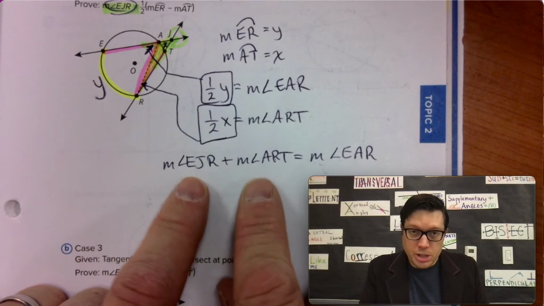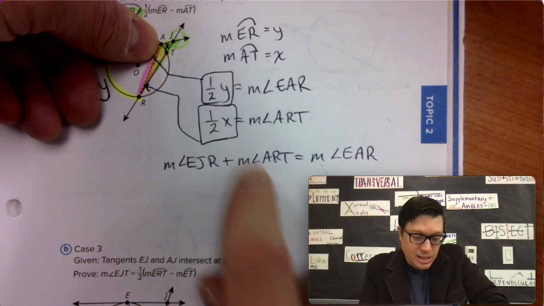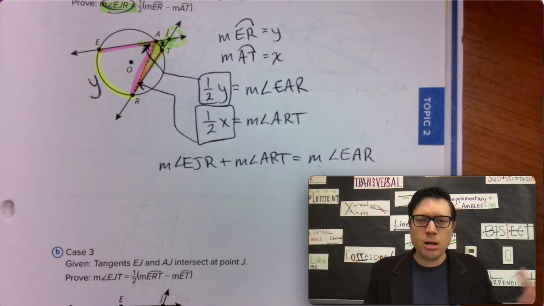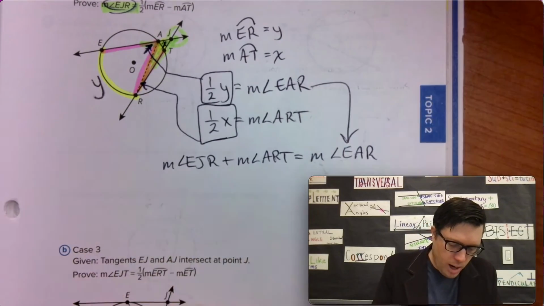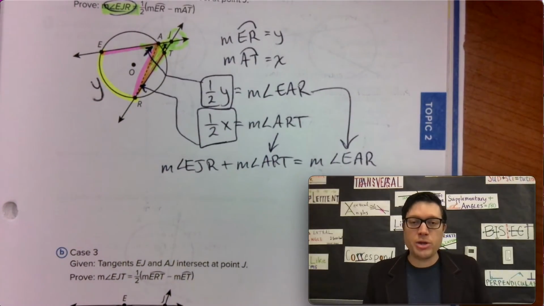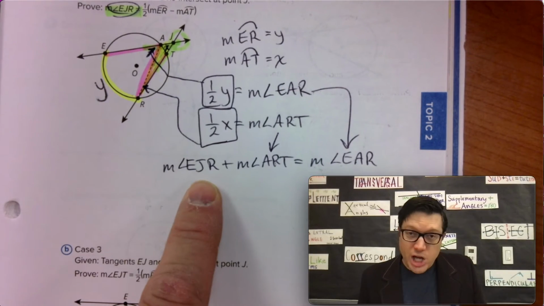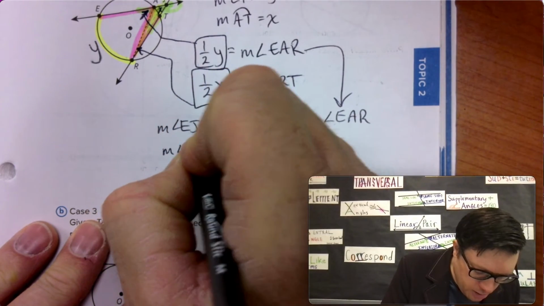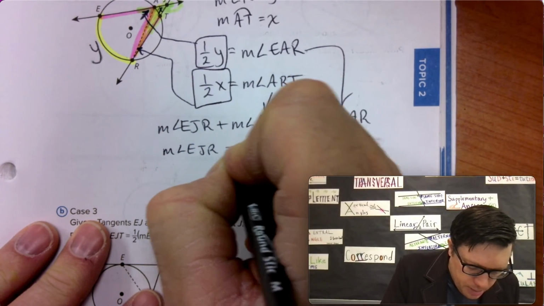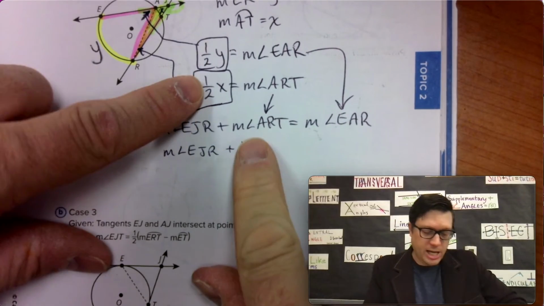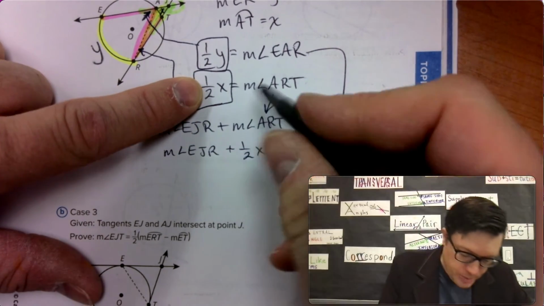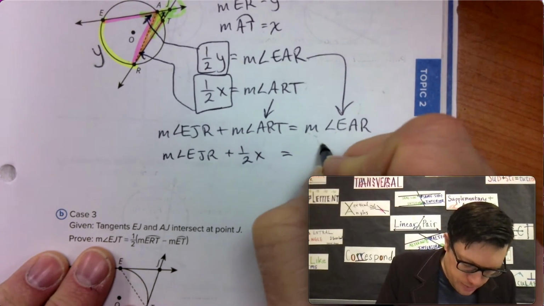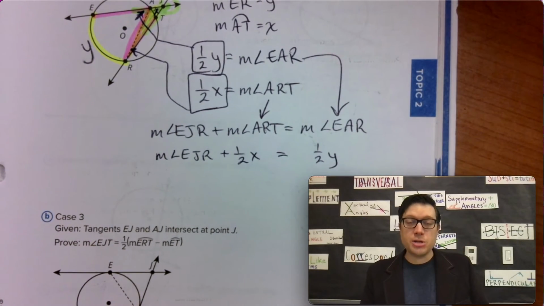These are the 2 remote interior angles, the ones inside this little sliver of a triangle. Then we can do some substitution: put a 1/2 Y right there, put a 1/2 X right there, and solve for EJR. The measure of angle EJR plus 1/2 X is a straight swap, and it equals 1/2 Y, another straight substitution.